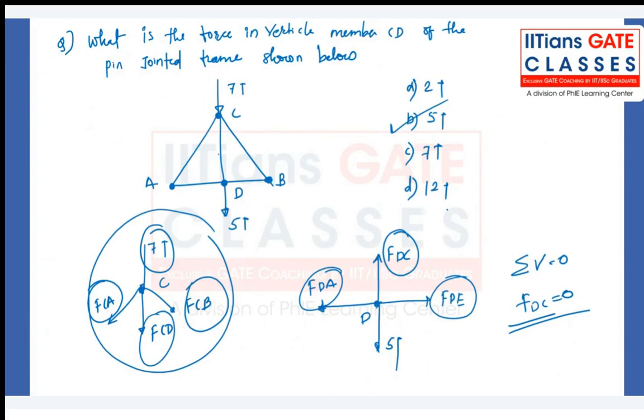We got some question from Nima. Why we are ignoring 7 ton? We are not ignoring 7 ton, Nima. 7 ton is acting at point C, and that is distributed along FCA, FCD, and FCB. I'm not saying that this part of 7 ton will be there in the FCD.